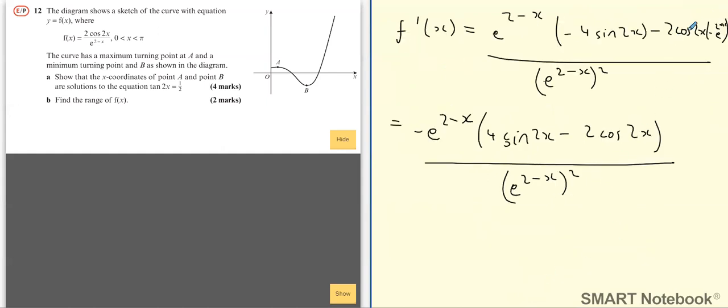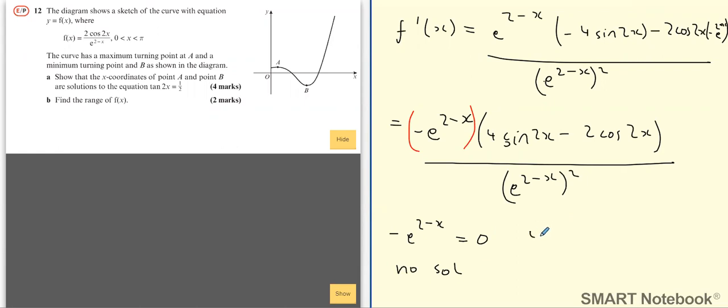Now, let's have a think about this. So if I now want to work out my turning points, I'm going to make my numerator equal to 0. So either this bracket is equal to 0, or the second bracket is equal to 0. If I write minus e to the 2 minus x equals 0, that has no solutions.